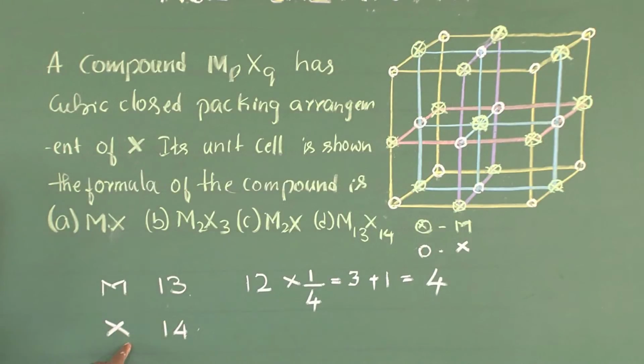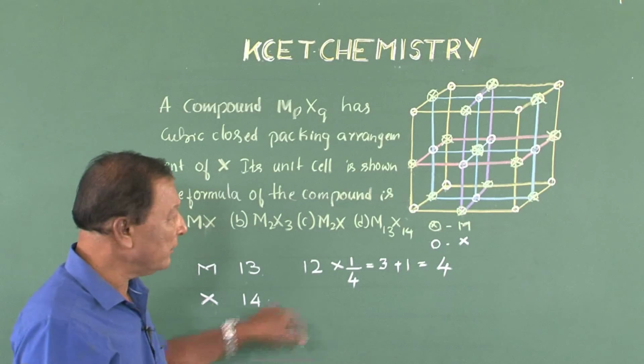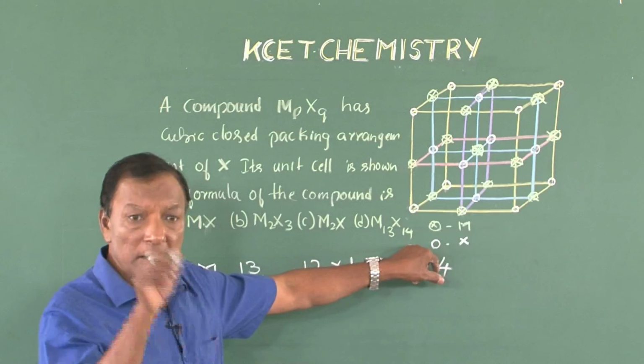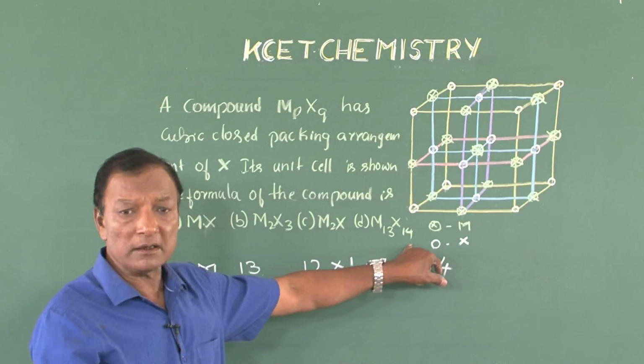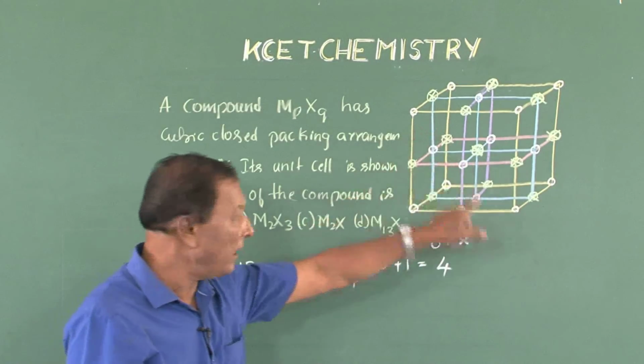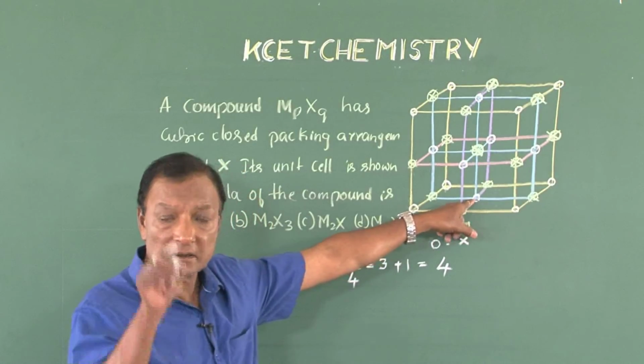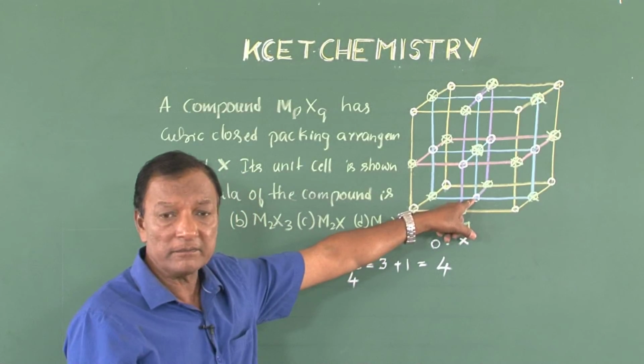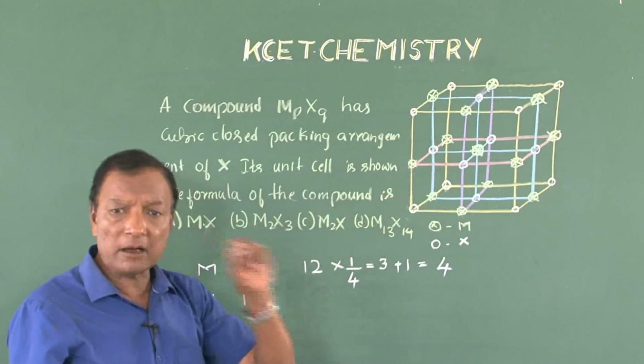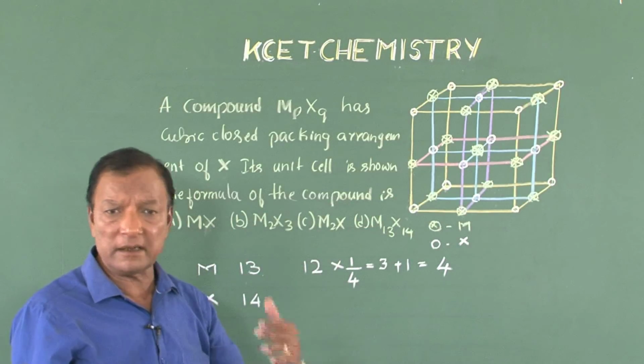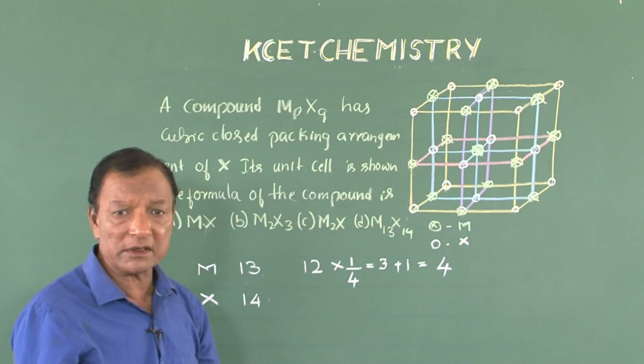Then for coming to X, we see it at the corners, 8 corners, and at the face centers, 6 face centers. In this case, I count the number of particles as I did before in the previous questions.